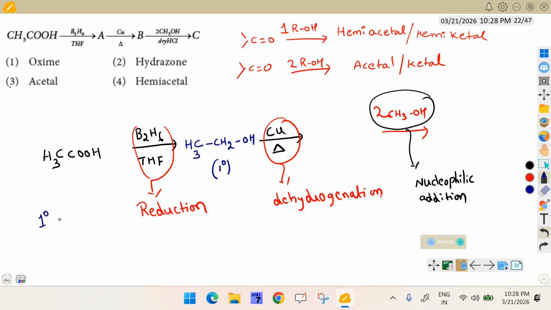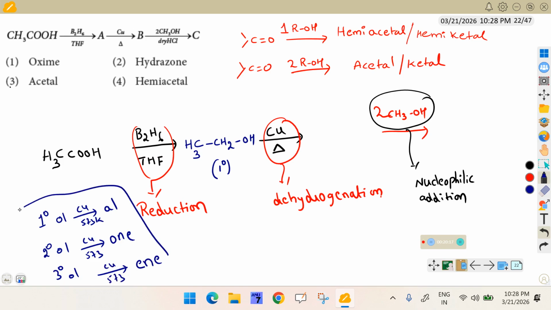We know that 1 degree alcohol with copper at 573 kelvin gives aldehyde. 2 degree alcohol with copper at 573 kelvin gives ketone. If it is a 3 degree alcohol with copper at 573 kelvin, then alkene is the product. With copper at 573 kelvin, a dehydrogenation process takes place.